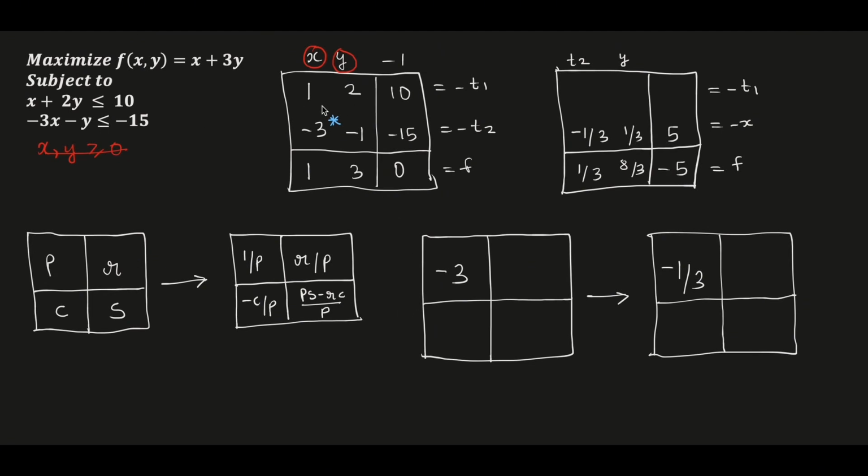Now for the values above the pivot, -3 is the same, and then C will be the one on top of the pivot, so 1, and R will be the one beside it, so -1, and S will be the diagonal value to the pivot, which is 2.